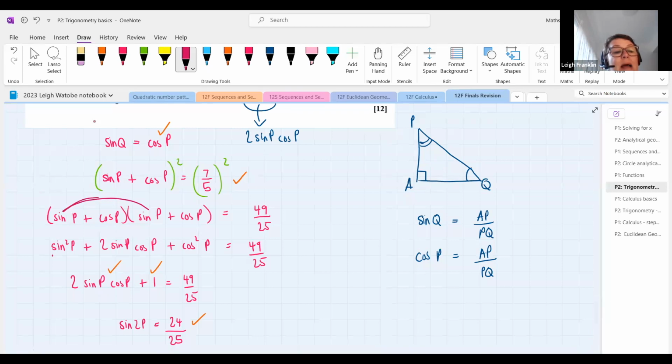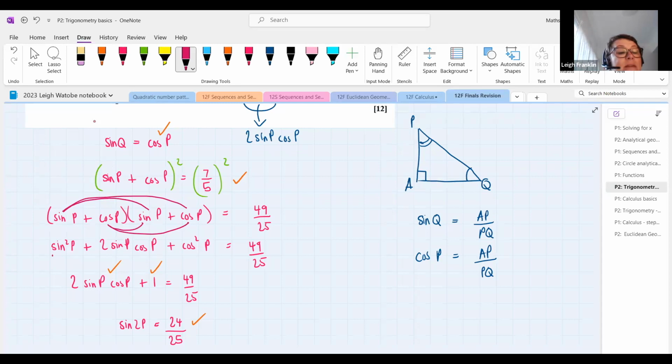Then you're doing sine p times cos p plus cos p times sine p. So those are two like terms. So that's why you get 2 sine p cos p. Does that make sense? Yes, it does. Okay. And then your plus cos squared p comes from last times last.